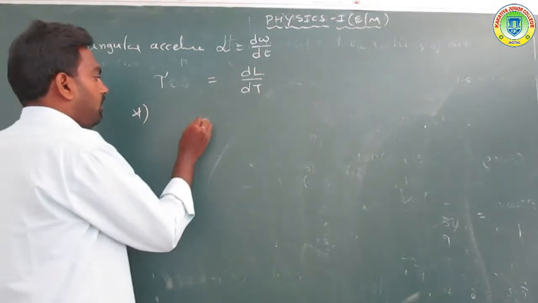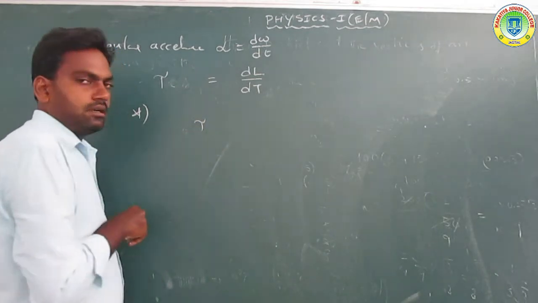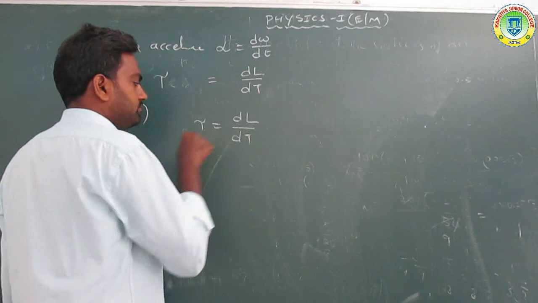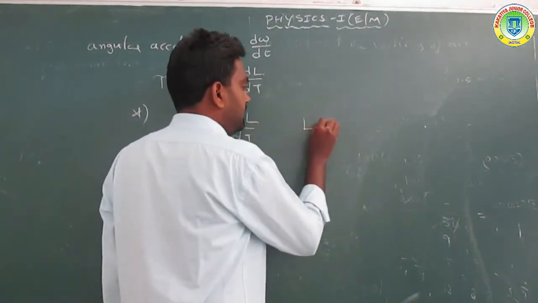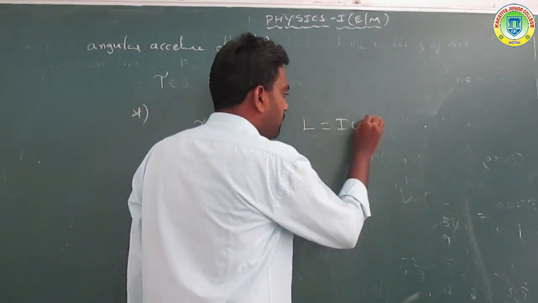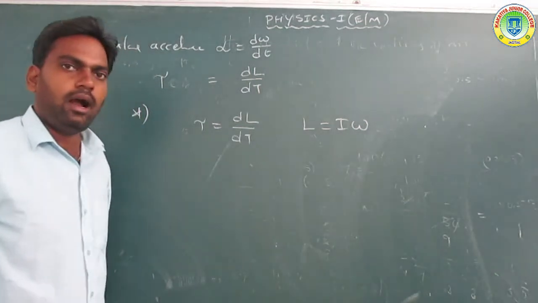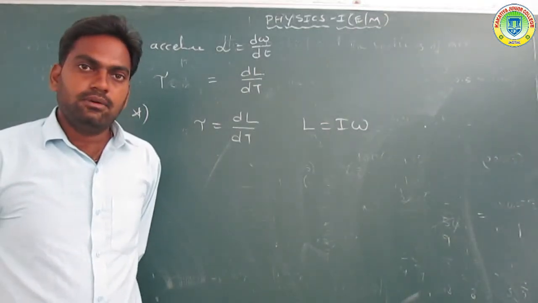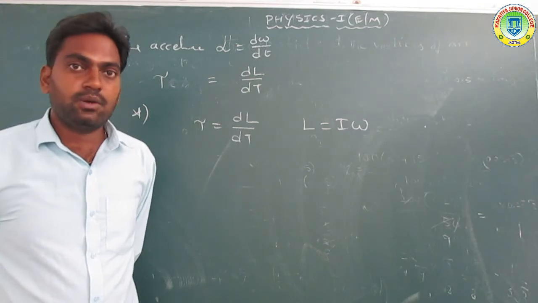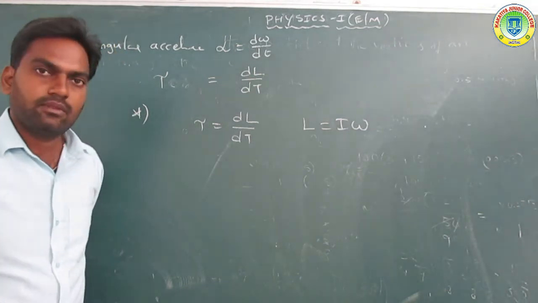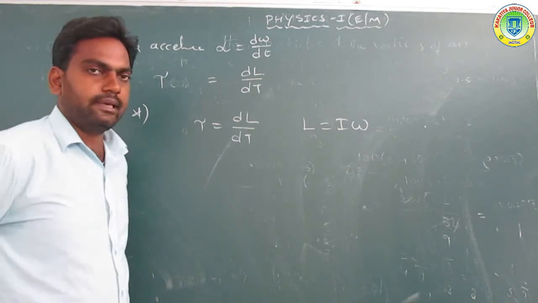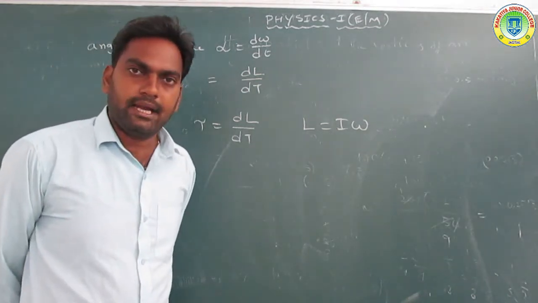According to the definition of torque, tau is equal to dL by dt. But already we know that L is equal to I omega. In the last class we discussed V is equal to R omega; similarly here, L is equal to I omega.